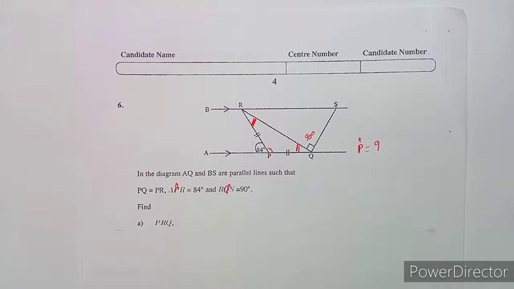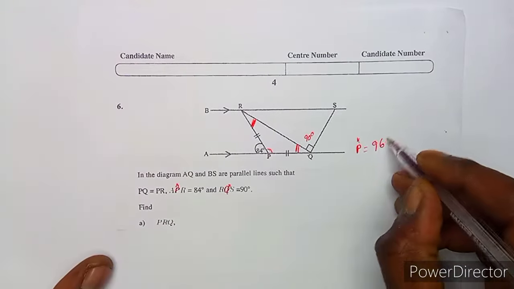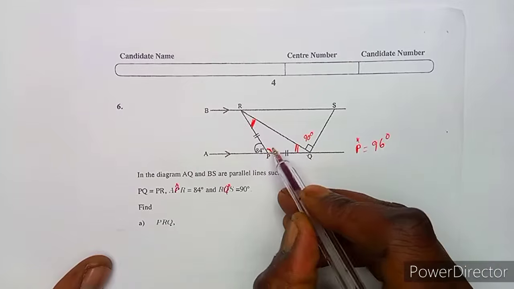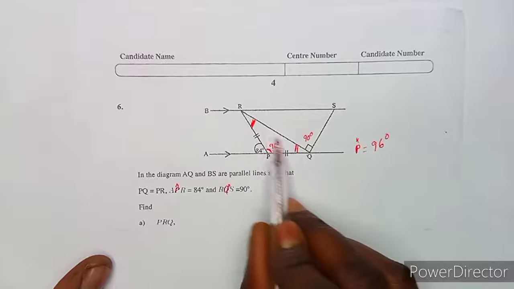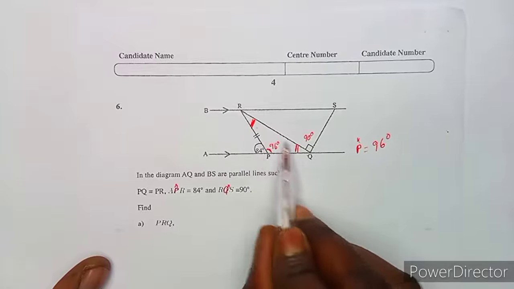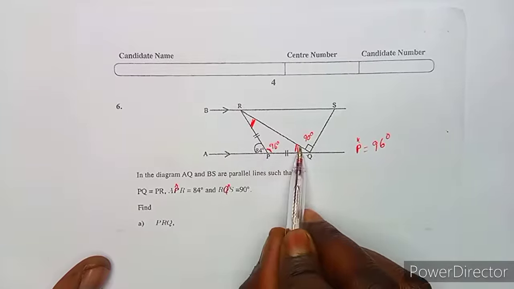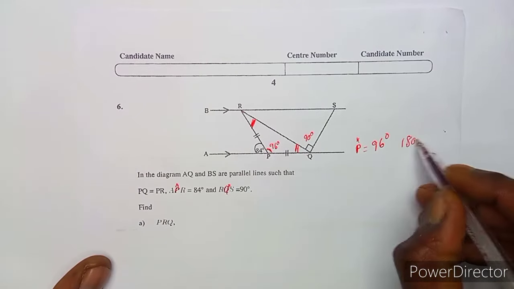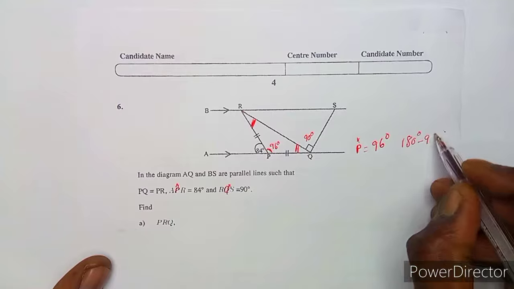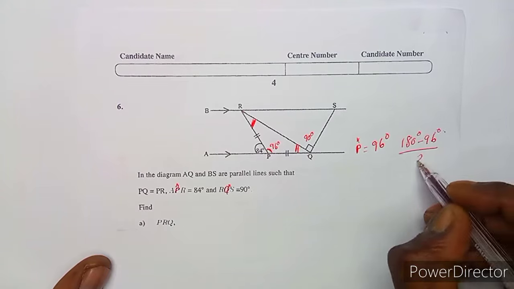Now we've got 96 degrees, which is here. This is your 96, and we say these two are equal. So to obtain each of these two, I'm going to subtract this one from 180, then divide by 2. So it's simply 180 minus 96 divided by 2.